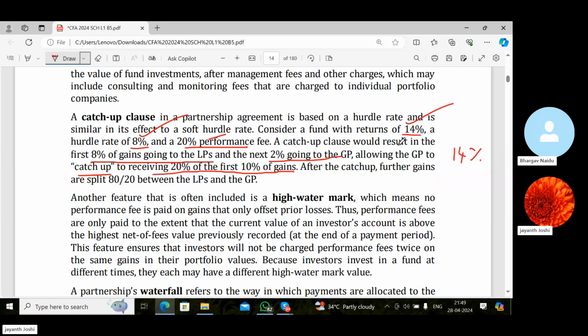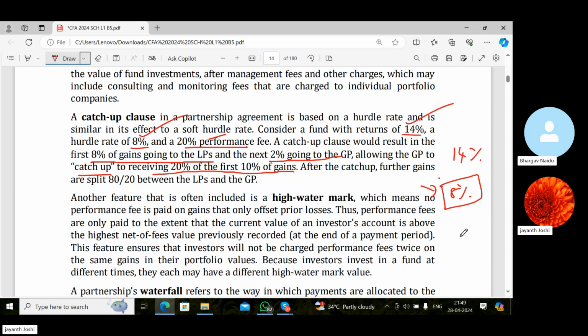What is happening? The catch-up clause would result in the first 8% of gains, so the first 8% is the hurdle rate, going to the limited partners. Whatever gains the company has made, that has to be shared with whom? Limited partners, correct? That belongs to them.